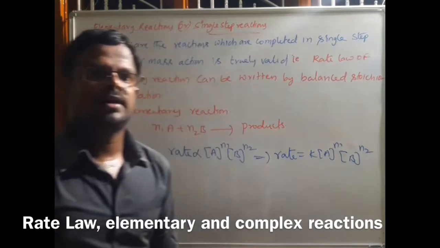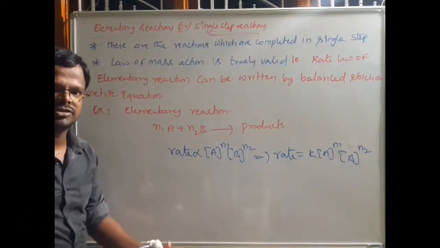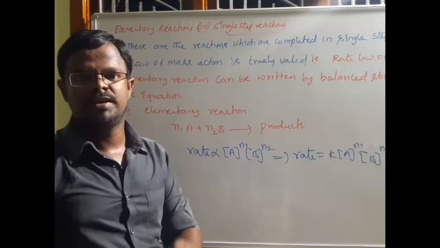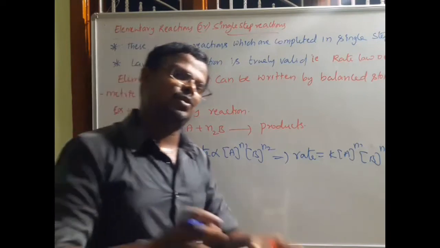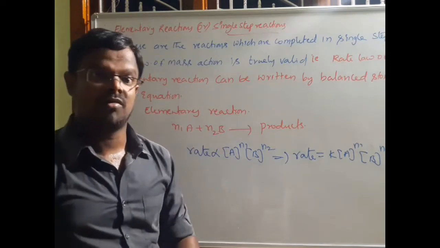Another kind of reactions we have are complex reactions. Complex reactions are those reactions which are not completed in a single step. They take more than one step, multiple steps, for their completion. That kind of reactions are called complex reactions.